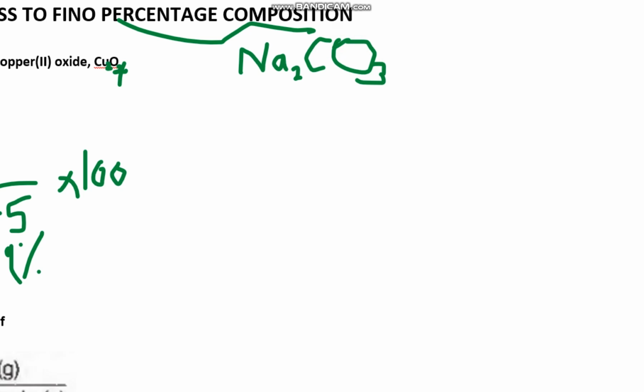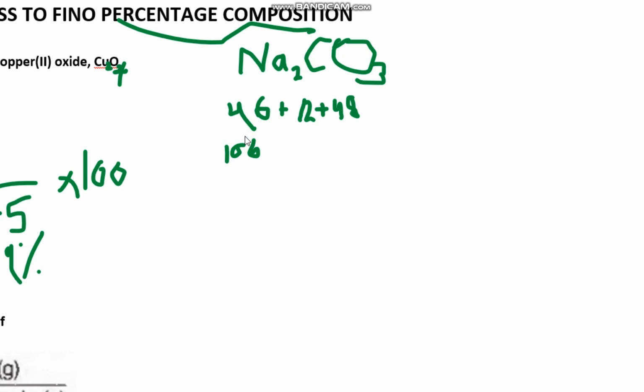Na2 means 23 times 2, which is 46. I won't write the bracket because it's too long. Carbon is 12, and oxygen is 16 times 3, which gives you 48. We'll add all of these and get 106, which will be our MR for this whole compound.